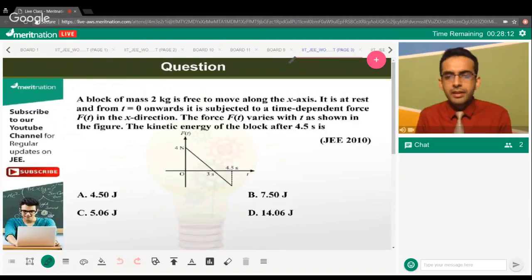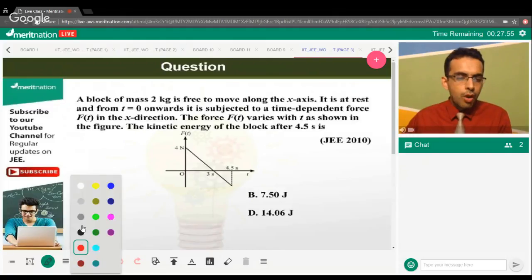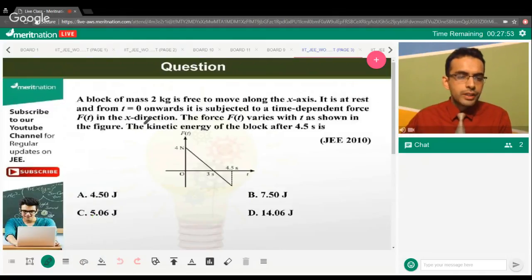This question came in JEE 2010. So what is given? A block of mass 2 kg is free to move along the x-axis.